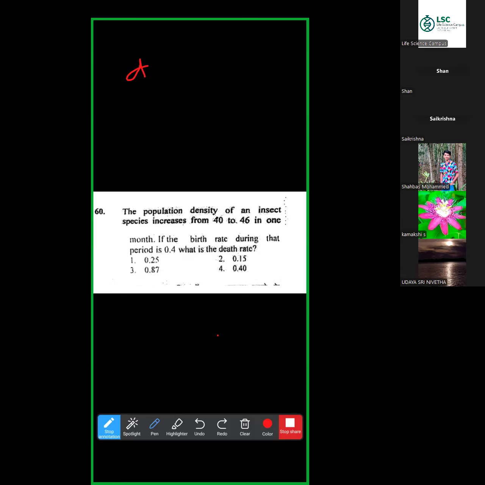So we have dN by dt is equal to RN, where R is given by B minus D.